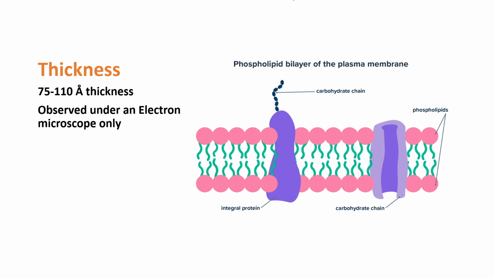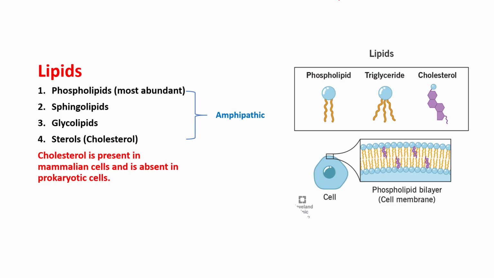First is the lipid. There are four types of lipids present in the plasma membrane. In that, first is the phospholipid, which is the most abundant lipid present in the bilayer. Then sphingolipid, glycolipid and sterols. Here cholesterol is most abundantly present in the plasma membrane.